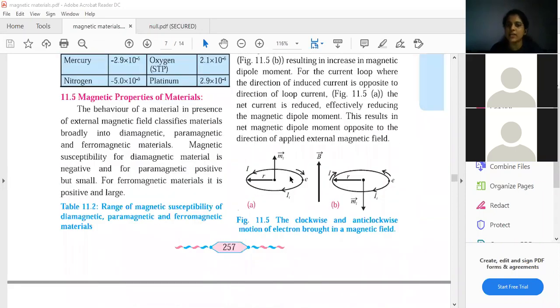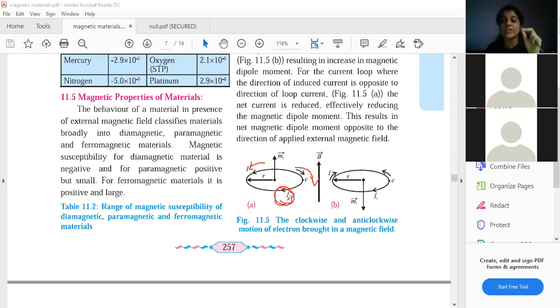Here you can see there are two diagrams. In the first diagram, you can see the electron is moving in this direction. Because of the moving electron, the current that is produced is anti-clockwise, in the opposite direction. What is this new induced current?